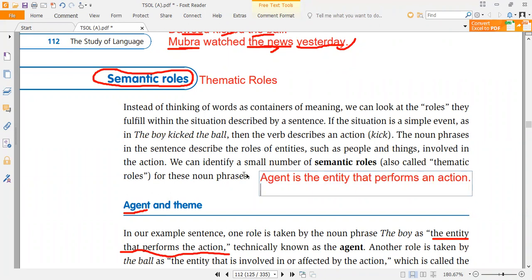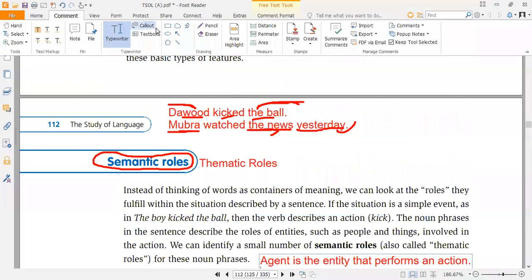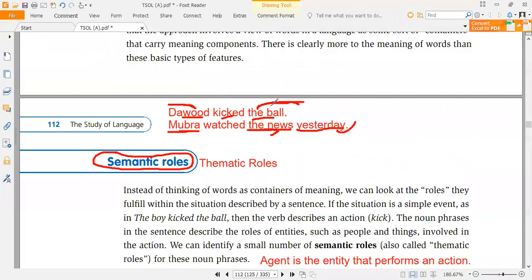Look at the example I have written above. Daud kicked the ball. So, who is the performer of the action here? Daud. So in this example, Daud is the agent, right? Mabra watched the news yesterday.